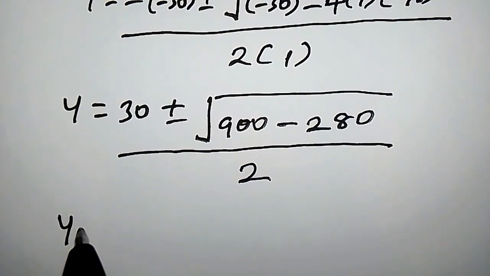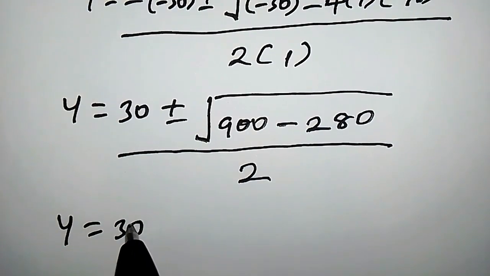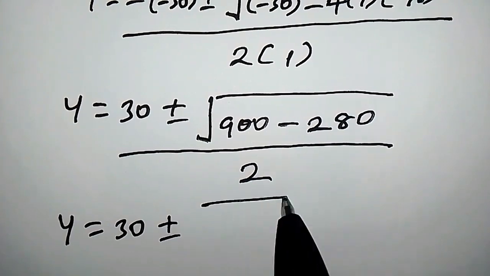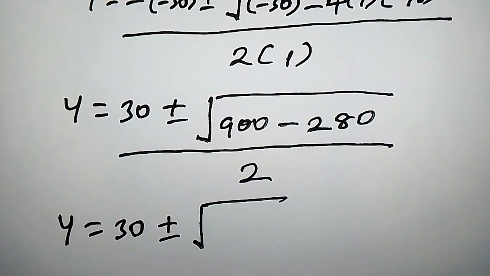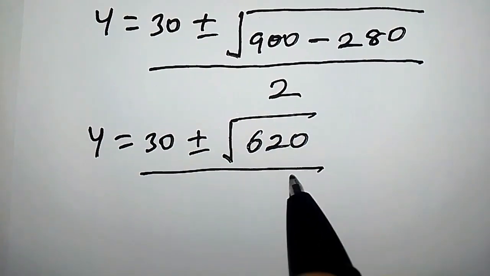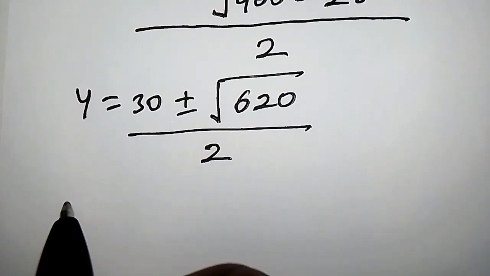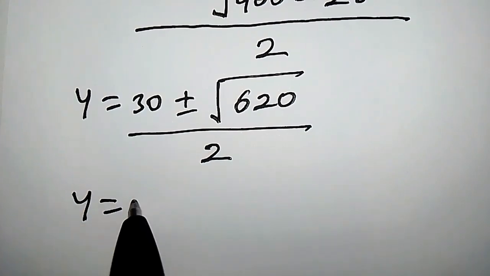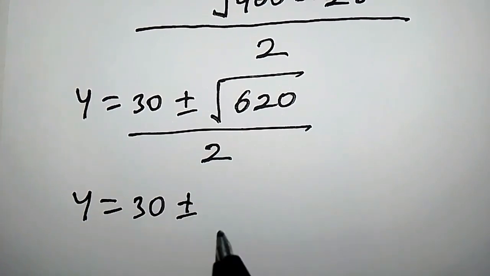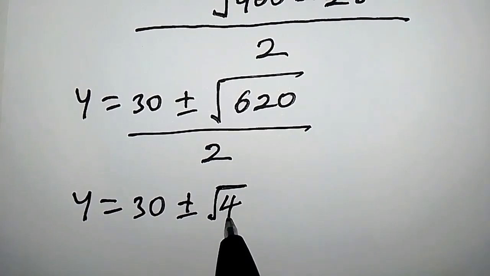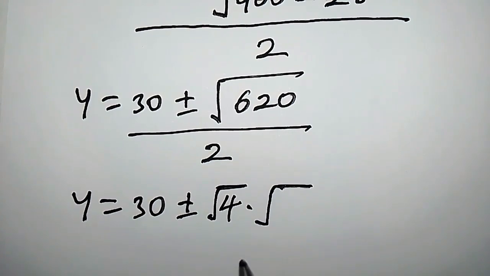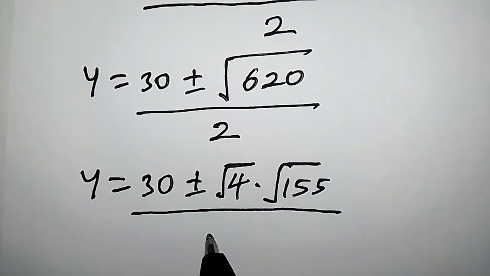So we have y equal to 30 plus or minus the square root of 900 minus 280, that is 620, divided by 2. So we have y equal to 30 plus or minus the square root of 620, which could be written as the square root of 4 times the square root of 155, divided by 2.